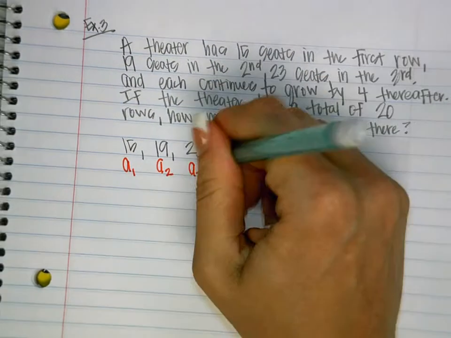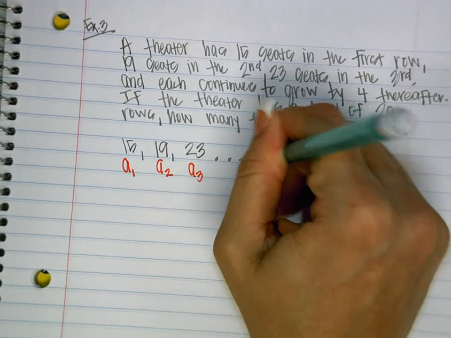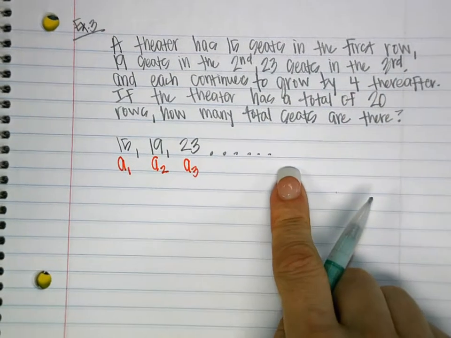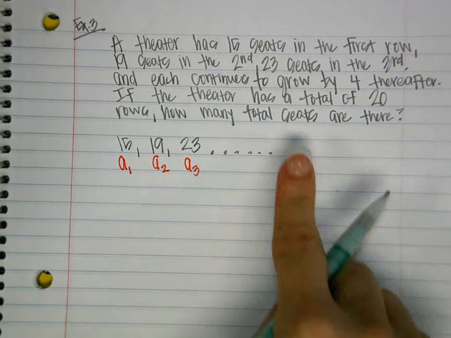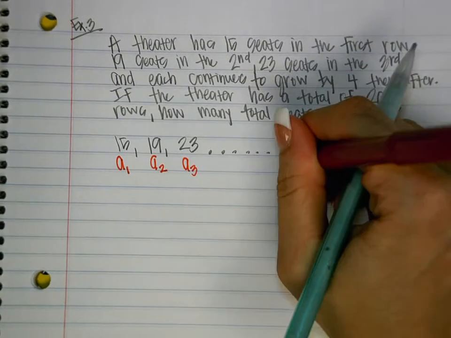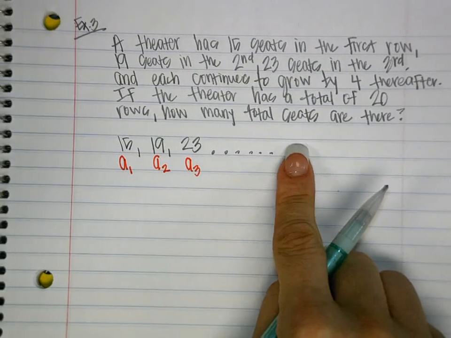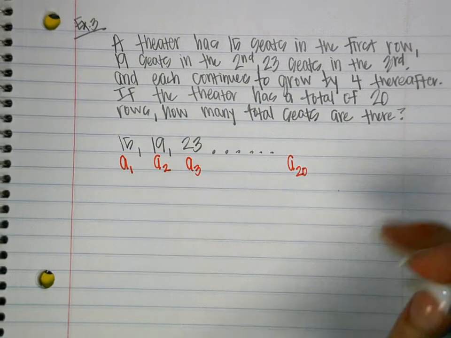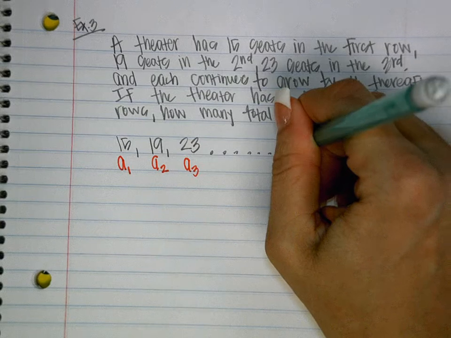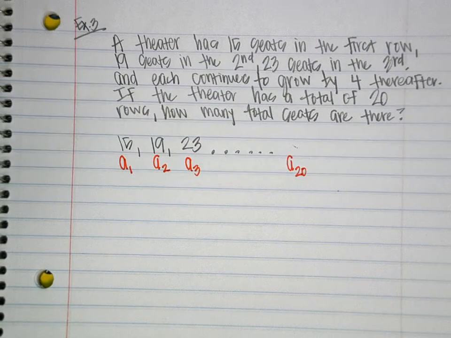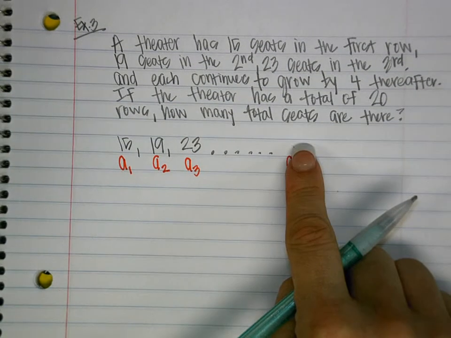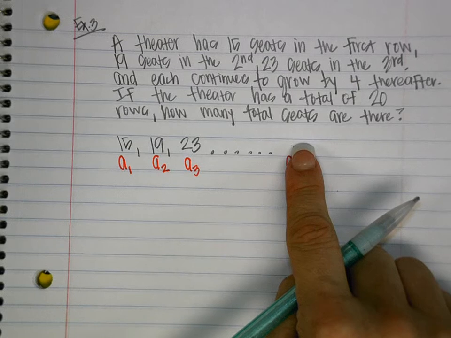We want to figure out how many total seats there are. What is my last term? A20, because there's 20 total. Now, it's not just asking for the last number. I'm not just asking how many seats are in the last row.